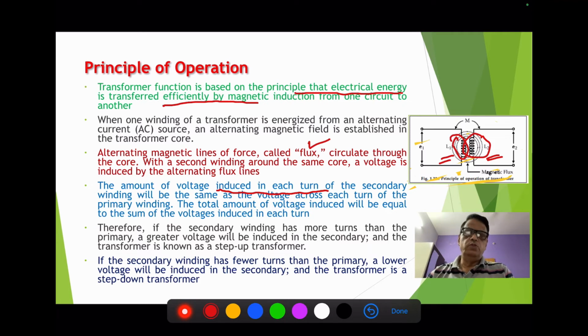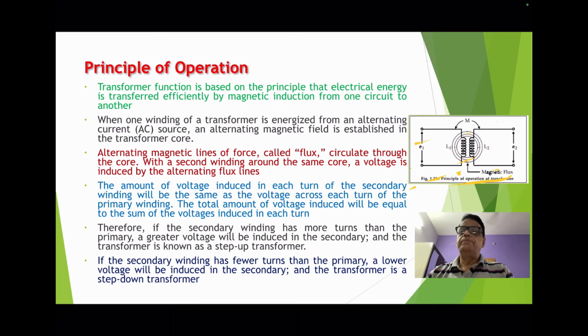If we reduce the number of turns in the secondary, the voltage induced will be less. If the secondary has more turns, the voltage induced in the secondary will be more, and such a transformer is called a step-up transformer. If the voltage induced in the secondary is less, such a transformer is called a step-down transformer.